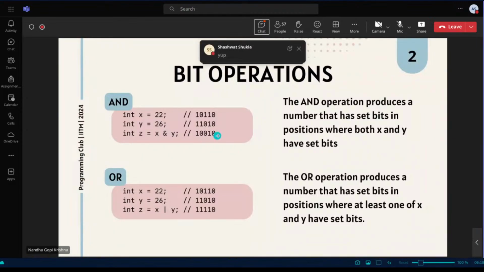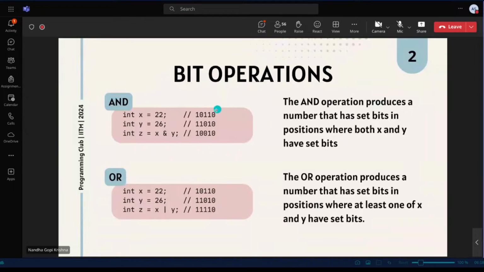So now, let us say we declare an integer variable x with the value 22. So how is this represented in binary? It's represented in binary as 10110. Now you might ask how this came to be. I'll just refresh your binary knowledge anyway.